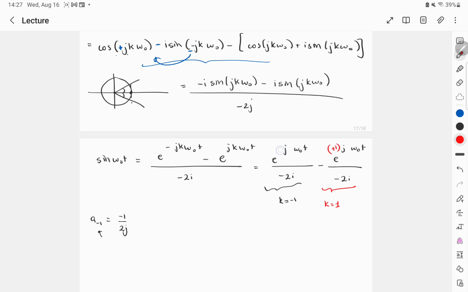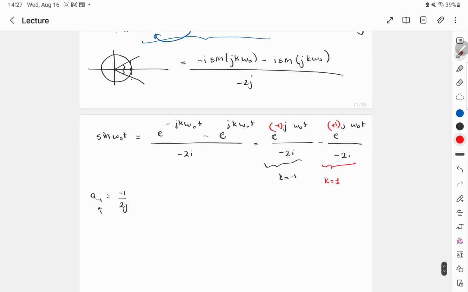So in this part, k equals minus 1, and the coefficient is 1 over minus 2j. All right?